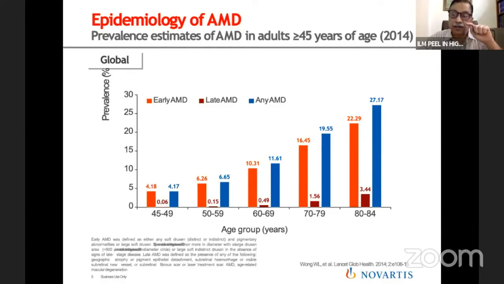A note here: in our own context, we seem to have these changes a little earlier, maybe a decade earlier than what we see in the West. So we can expect to see CNVMs in the 60s also, and fairly commonly.